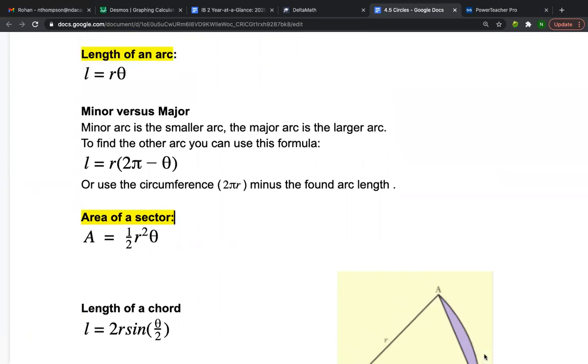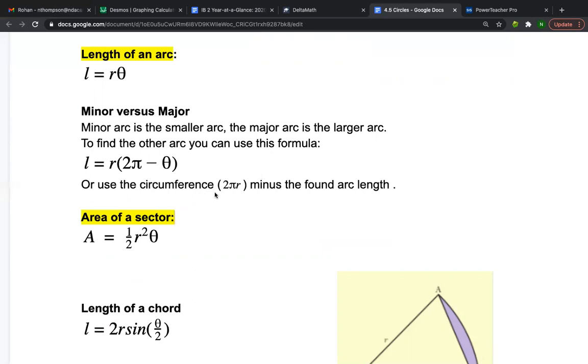Okay, the next thing on your notes talks about minor versus major arc. A minor arc is the smaller arc, where the major arc is the larger arc, which is pretty straightforward. Now, let's say you're trying to find the major arc. This formula here is not on your formula sheet, but it should be pretty straightforward.